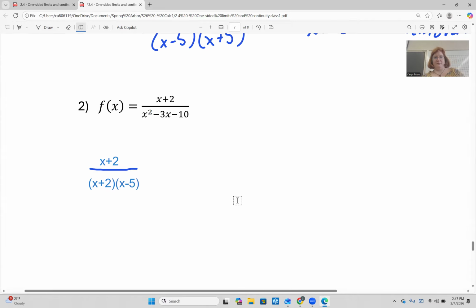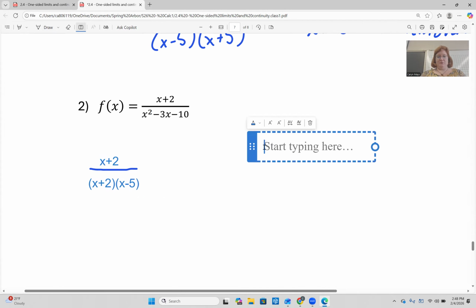We'd have x plus 2 over x plus 2, x minus 5. What cancels away? The x plus 2's. What would make x plus 2 0? -2. So x equals -2. The thing that makes x plus 2 0. It's not continuous there, but this is a removable discontinuity.